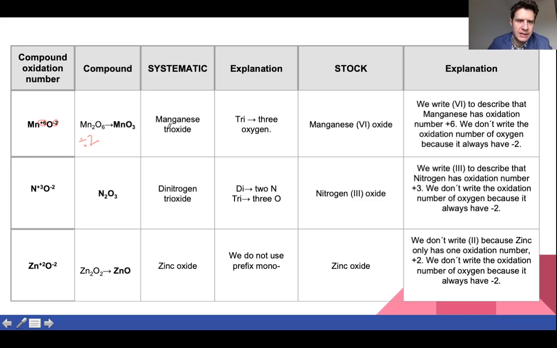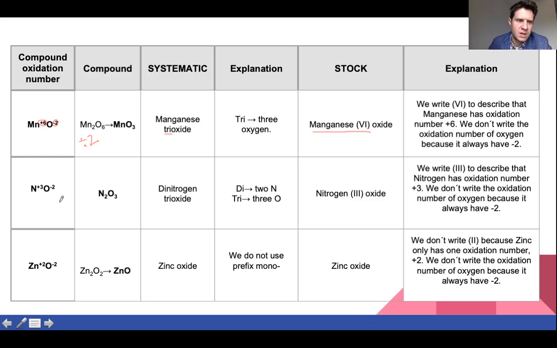Manganese trioxide, as we can see here, 3 oxygens. In stock nomenclature, manganese(VI) oxide. We write VI to describe that manganese has oxidation number +6. And the scientists will know, oxide, okay, manganese 6, oxygen -2, we shift and then divide by 3.